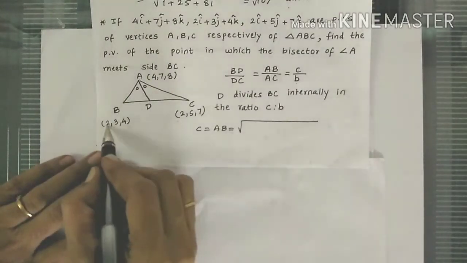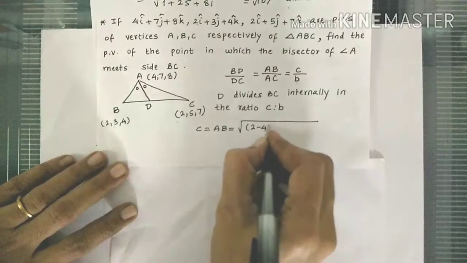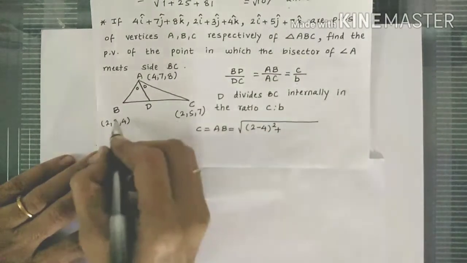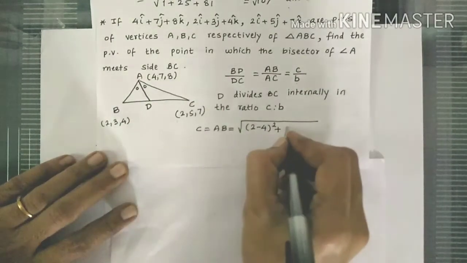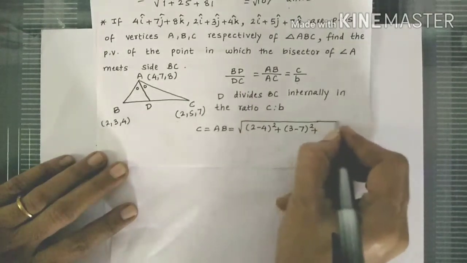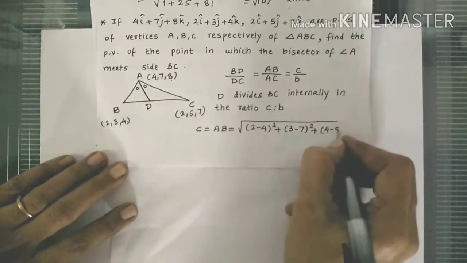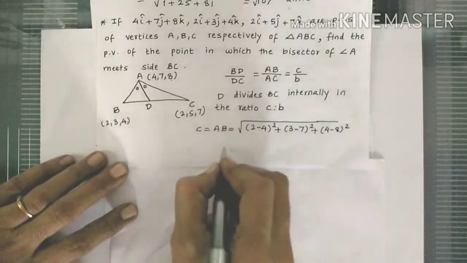AB is root of (2 minus 4) square plus (3 minus 7) square plus (4 minus 8) square. So let's simplify this.